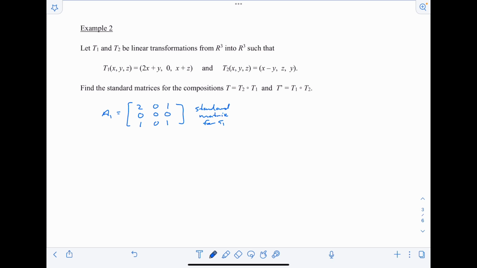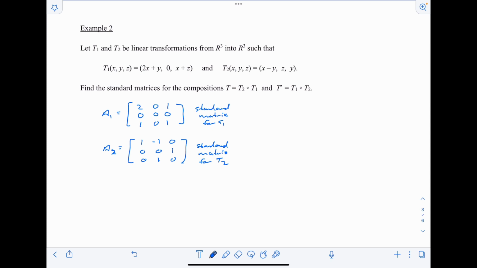And then A2, same idea. We're going to write the matrix 1, negative 1, 0, 0, 0, 1, and 0, 1, 0. And this is the standard matrix for T2. All right, we need to find T and T prime.